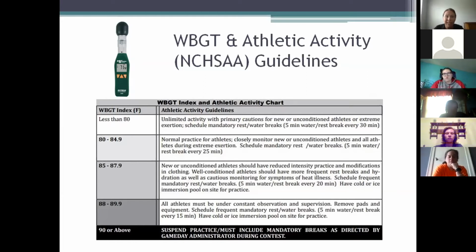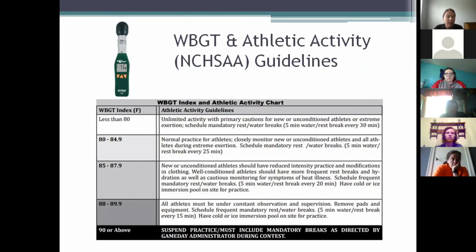So if the WBGT index is less than 80, that allows for unlimited activity. You should allow a 5-minute water rest break every 30 minutes, okay? However, when that humidity and air temperature increase to the range of 80 to 84.9, you want to schedule mandatory rest and water breaks, 5 minutes every 25 minutes.